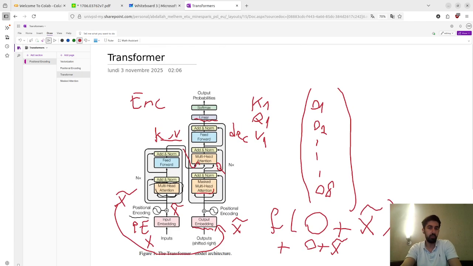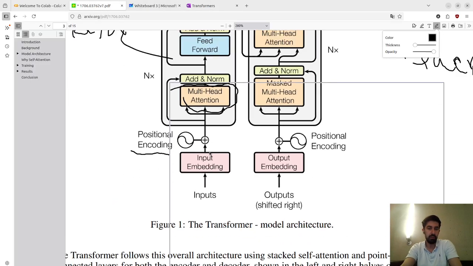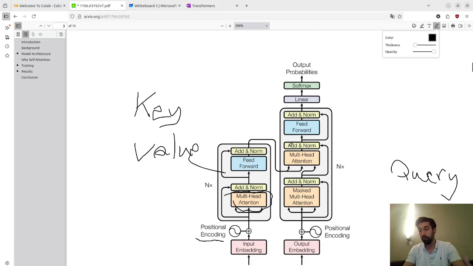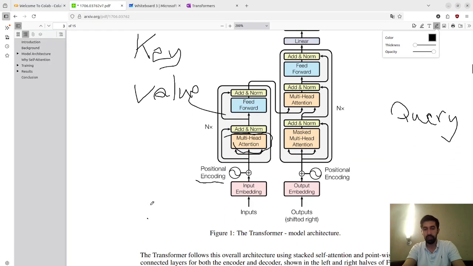I hope you understood the paper. You understood what positional embedding is, what attention is, how the overall architecture works. So we do vectorization, we add the positional embedding, we do multi-headed attention, and this is on the encoder level. On the decoder level, we do the same process, however we do attention twice.